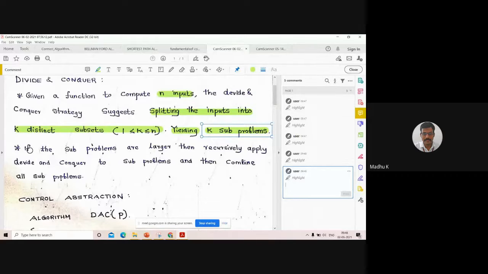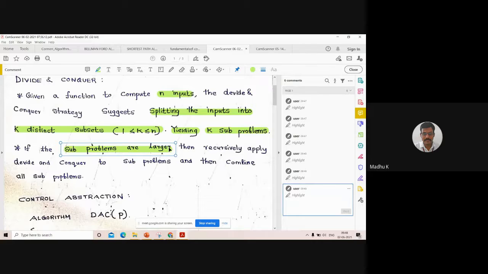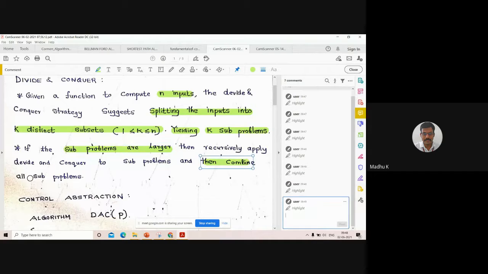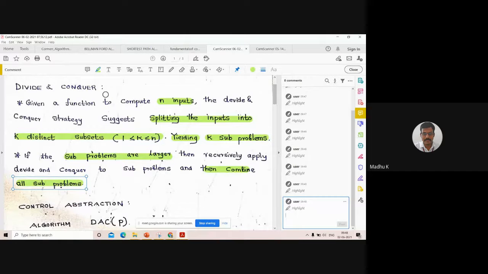Next, if the subproblems are still larger, then we recursively apply divide and conquer to the subproblems, and then combine all subproblems. So this is about the divide and conquer approach. In the university exam, they asked what is divide and conquer approach.